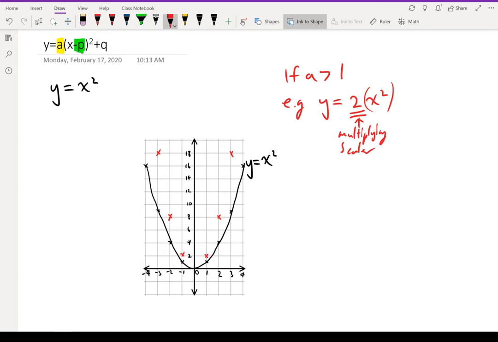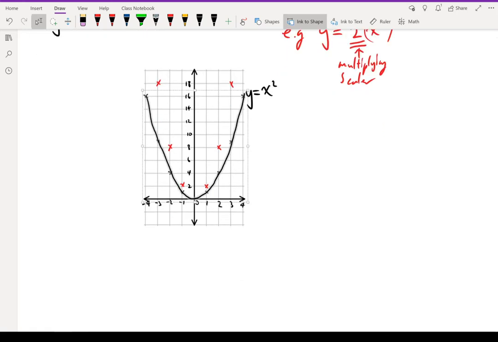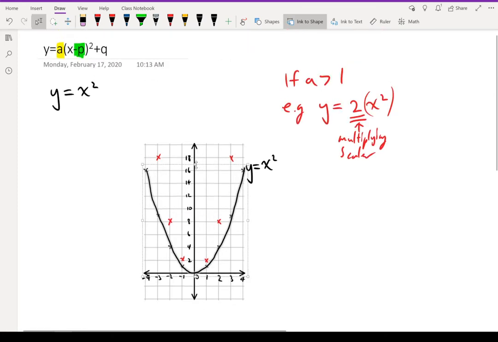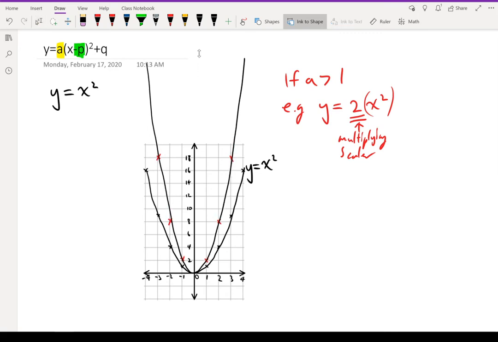Now, what effect does this actually have on the graph? I'm going to copy my original graph, this is y equals x squared, make a double of it, and put it right on top. What is the effect of the 2 on this x squared? It doubles the whole graph, which means every single value is doubled, so I'm going to stretch this graph up until all the values are double.